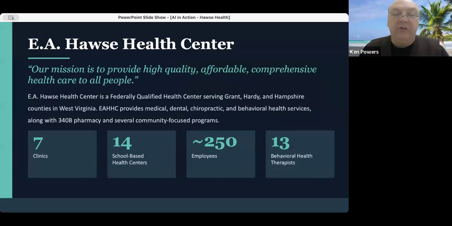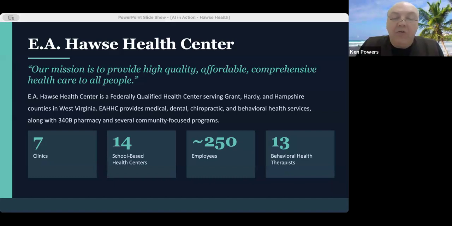Okay, so Hawse Health Center is a federally qualified health center, and our mission is to provide high quality, affordable, comprehensive healthcare to all people. Being a federally qualified health center in multiple counties in West Virginia, there is a lot of governance related to that because we are funded in part by the federal government, which means that we have to supply documentation of things that we do.